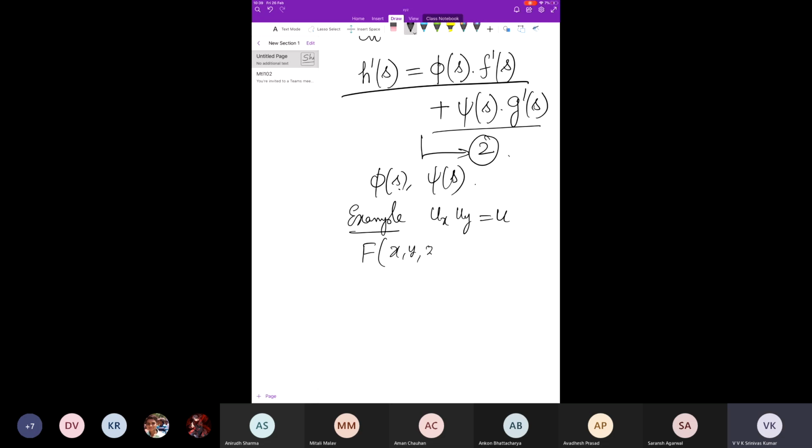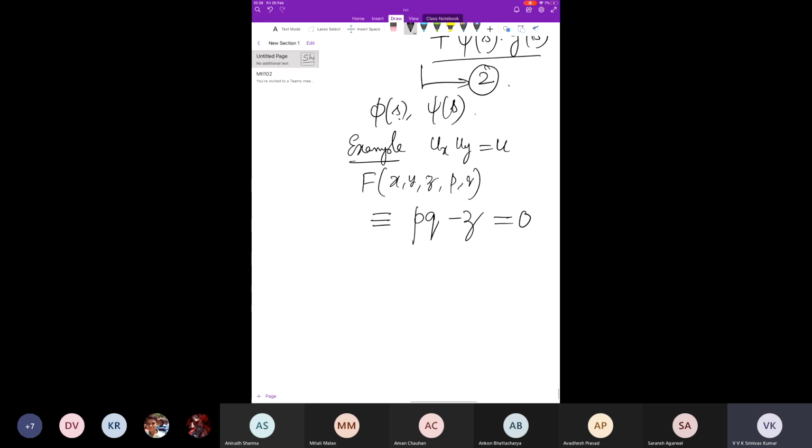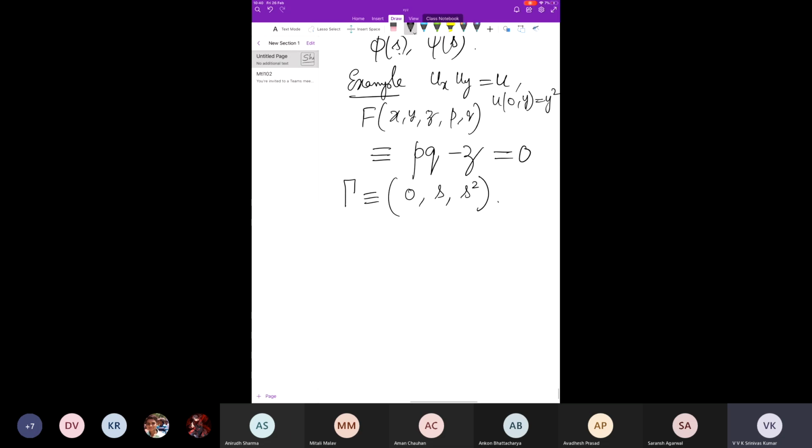F of x, y, z, p, q is identically p q minus z equal to 0. And the initial condition is given as u of 0, y is equal to y square. So initial gamma is: fs is 0, gs is s, and hs is s square. Okay.